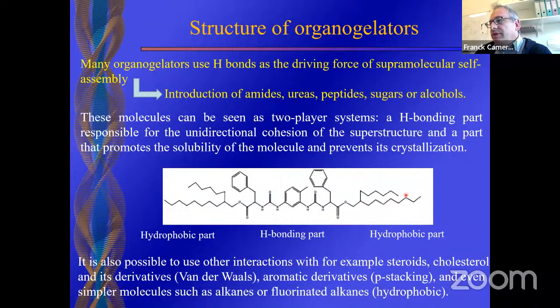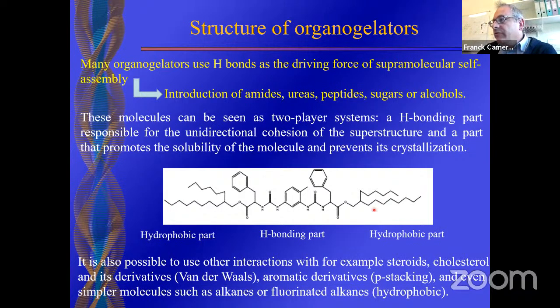You have an example here of a molecule in which you have a hydrogen bonding motif, and this hydrogen bonding motif will allow the molecule to pack into a one-dimensional structure. Usually we use amides, ureas, or some peptides. You can also use sugars or alcohols to drive this one-dimensional stacking.